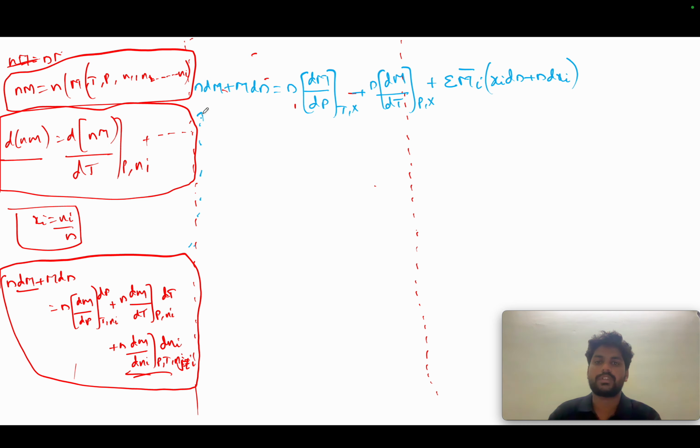Any doubts in this equation? Can you explain the last term? So this one, okay, fine. Remember this equation.